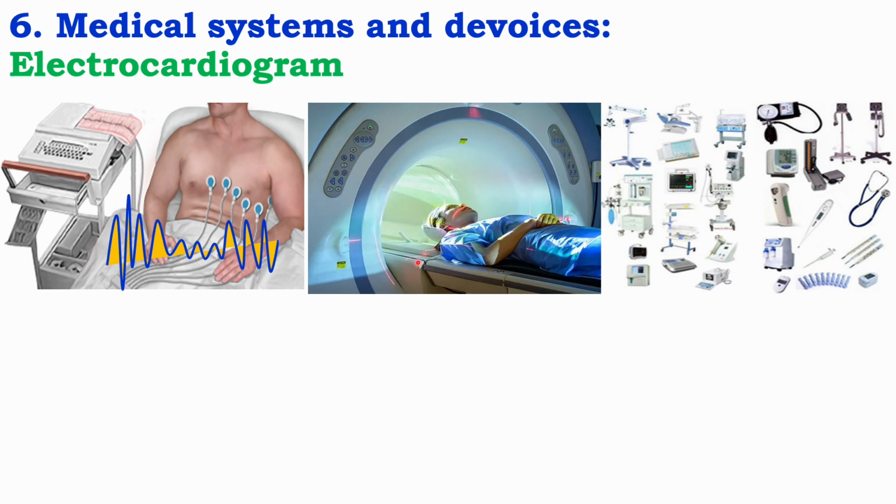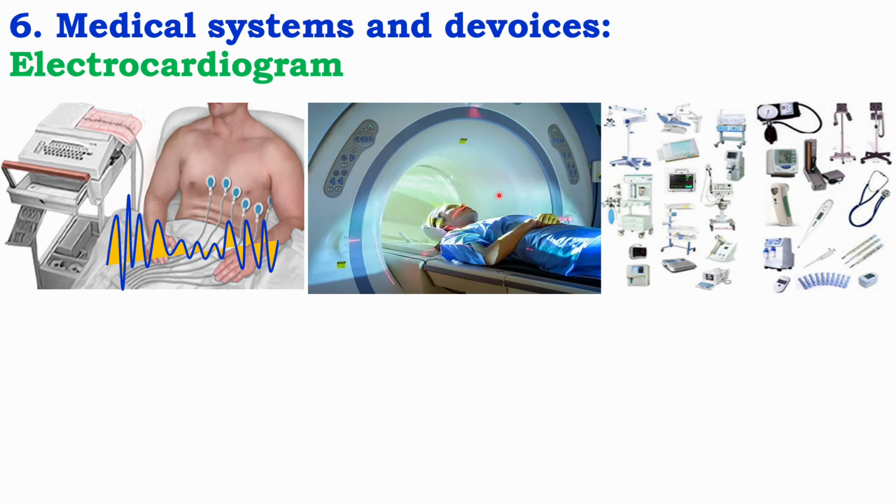Next, the sixth one is medical systems. We know that the healthcare department is very important for all people in society, where health is taken care of by everybody. One important example I gave you is the electrocardiogram, where the heartbeat is identified by the 8051 microcontroller.